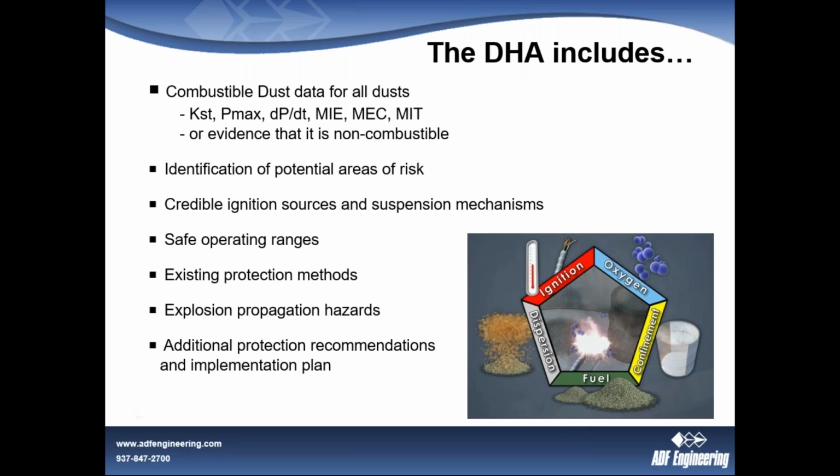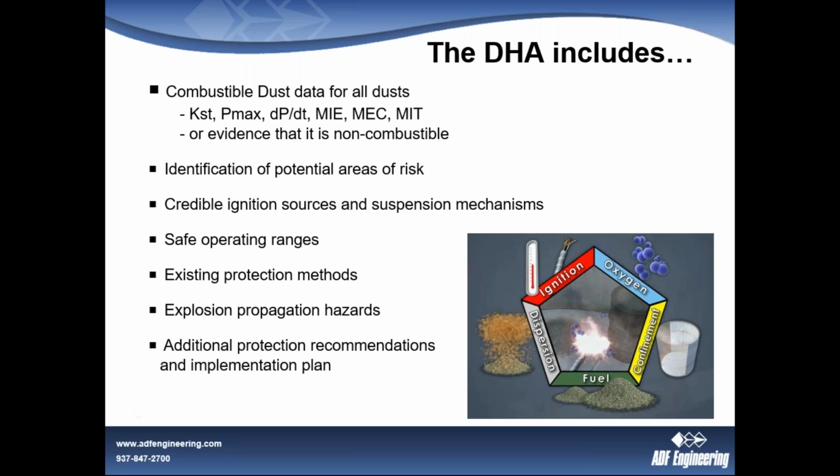So what is included in a DHA? First of all, you need to have data that describes the dust that you're dealing with, or evidence that it is non-combustible. If you have a material and you're not sure if it's combustible, you get that tested and find out that it is not combustible in the form that you have it, you now have a document that shows that it is non-combustible, and that concludes that dust.